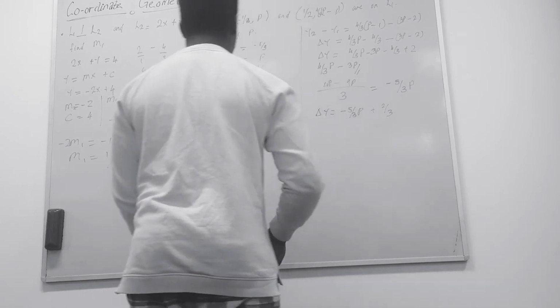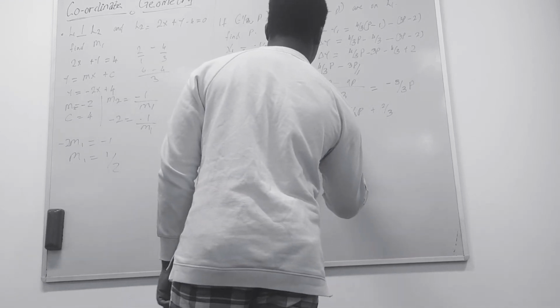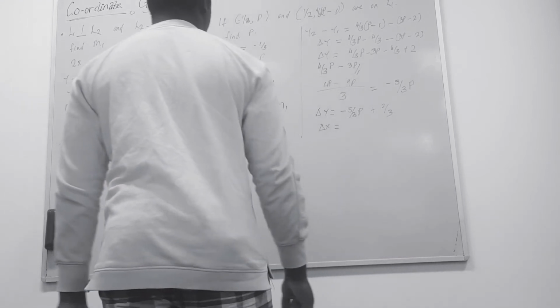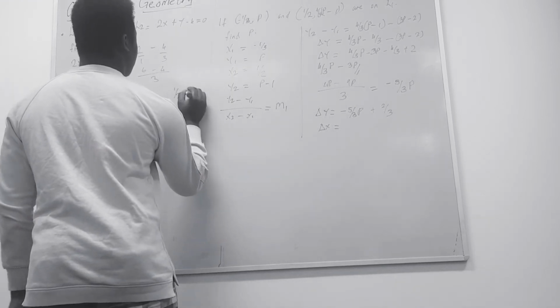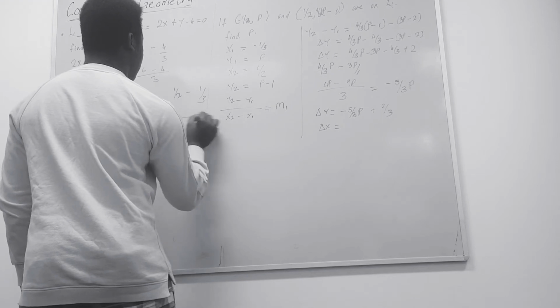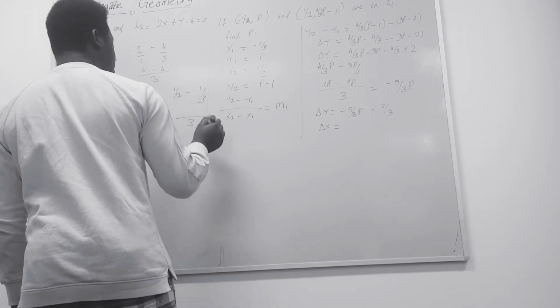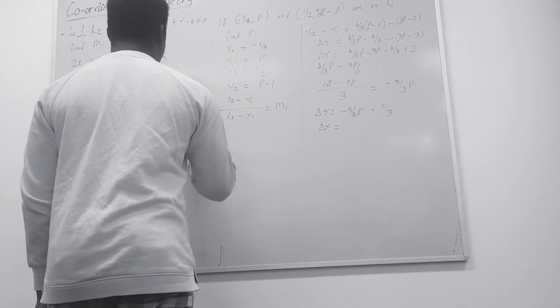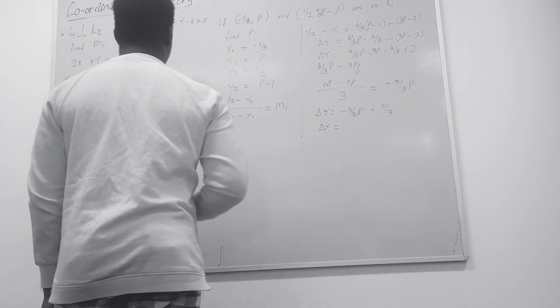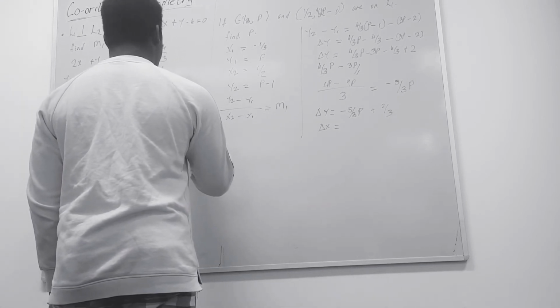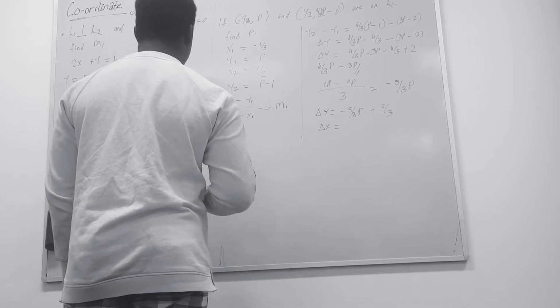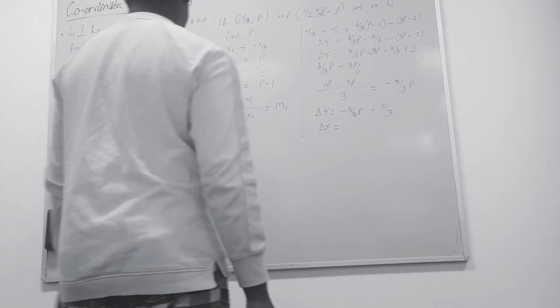That's delta y. Delta x is equal to half minus a third. Half minus a third, that'll be 3 minus 2 over 6, so that'll be 1/6, right?